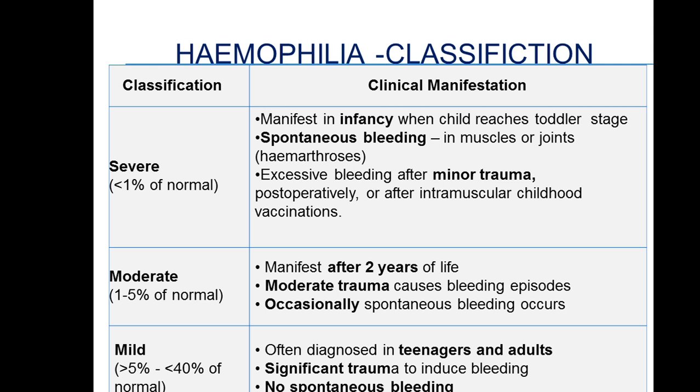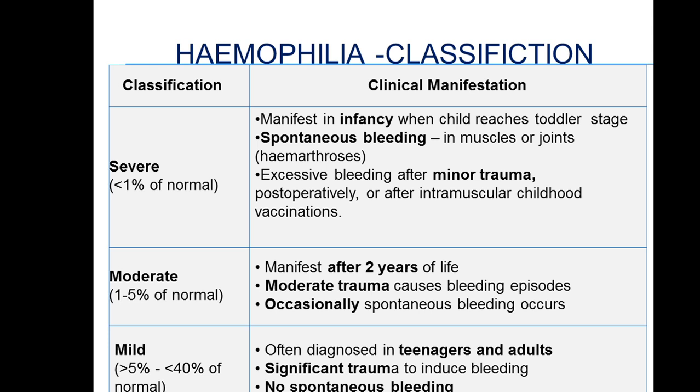Hemophilia has 3 types of severity: severe, moderate, and mild. Clinical manifestation of severe is manifest in infancy when the child reaches toddler stage: spontaneous bleeding in muscles or joints, hemarthrosis, excessive bleeding after minor traumas, also may occur post-operatively or after intramuscular childhood vaccinations.